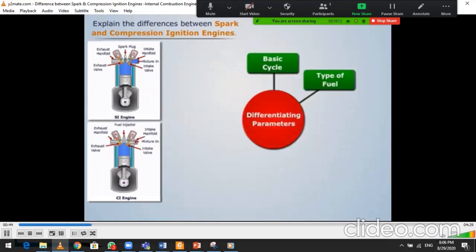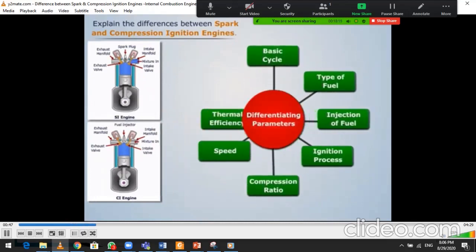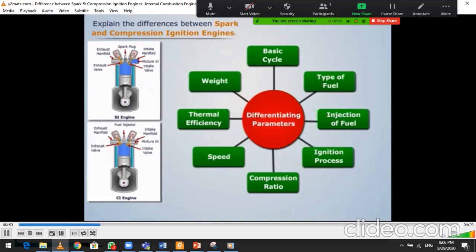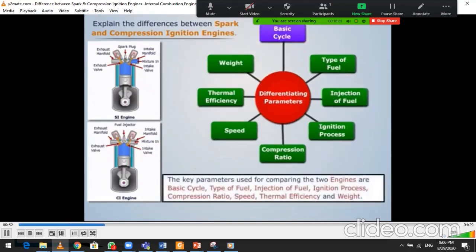The key parameters used for comparing the two engines are basic cycle, type of fuel, injection of fuel, ignition process, compression ratio, speed, thermal efficiency, and weight.